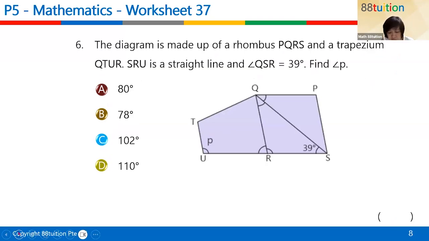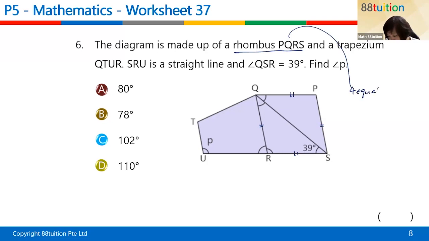Okay. The diagram is made up of a rhombus, PQRS. Now, in the first place, the week before, we already learned rhombus has 4 equal sides. Opposite angles are equal, and they can form 2 isosceles triangles. So that is about rhombus. Okay, I repeat.